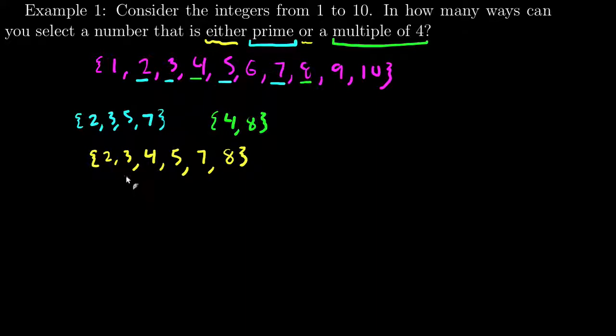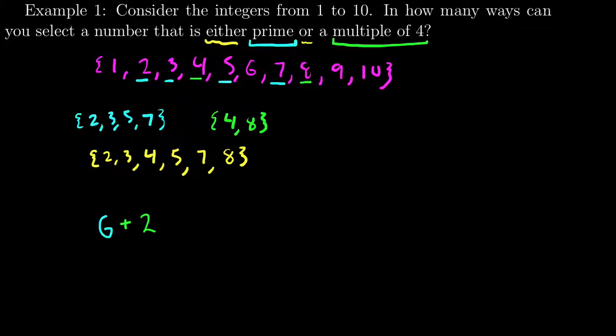So in here, the idea was we have completely separate groups. There is no prime number in here that is also a multiple of 4. There are no prime numbers that are multiples of 4 because 4 is composite itself. The number of ways I can get a prime is 4 primes. The number of ways I can get a multiple of 4 in here is 2.